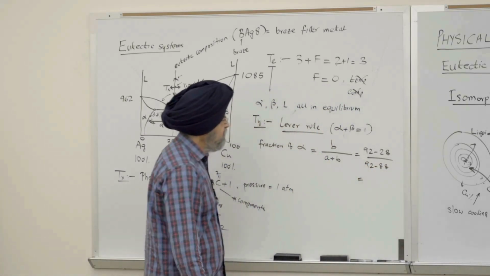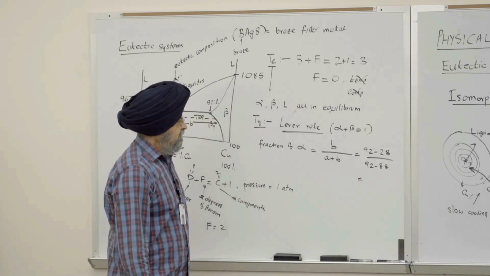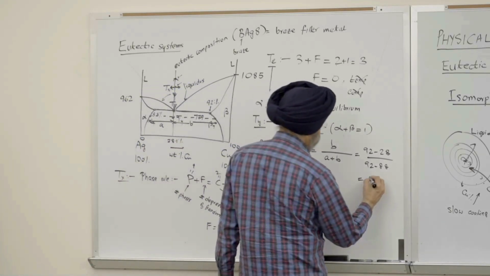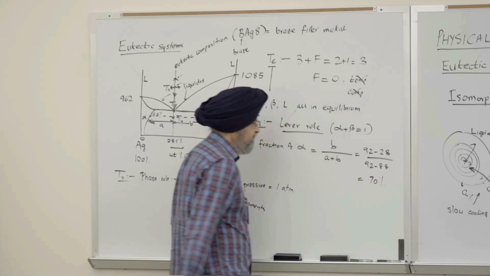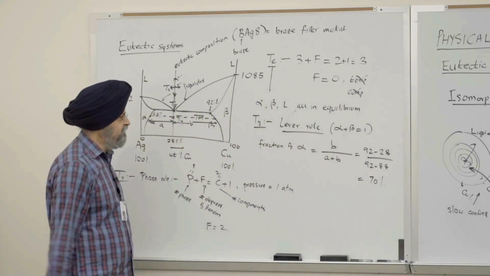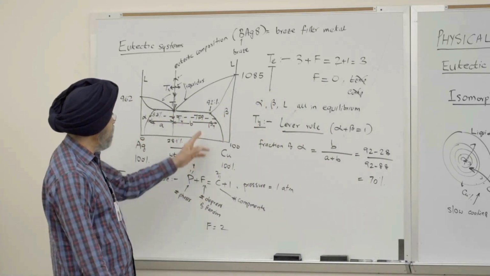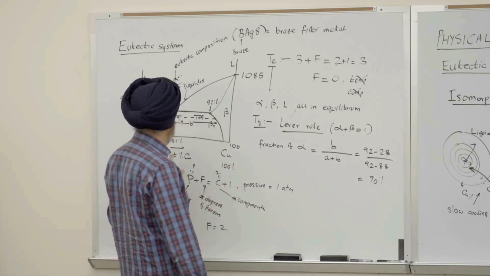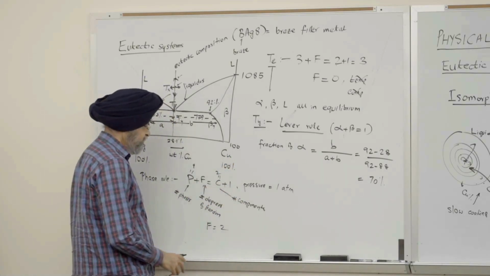So if I have to do roughly, just ballpark 70%, or 80%, something like that. It's a big number compared to beta. So there's more alpha than beta.